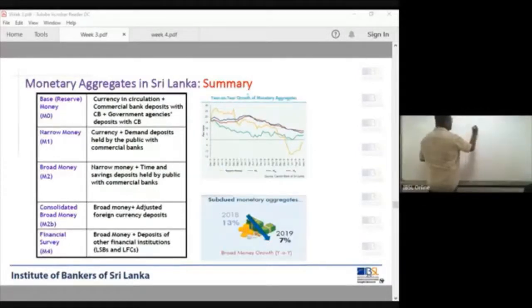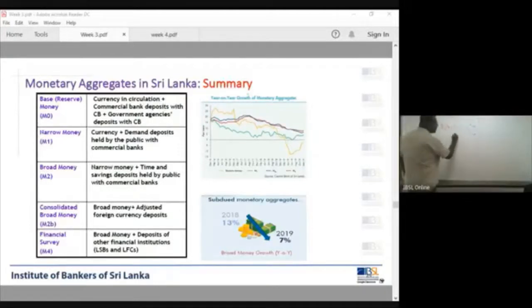Currency held by the public, the first component. Then currency held by commercial banks. So both are included in reserve money. Currency held by public, currency held by commercial banks. So that is the first component, currency.